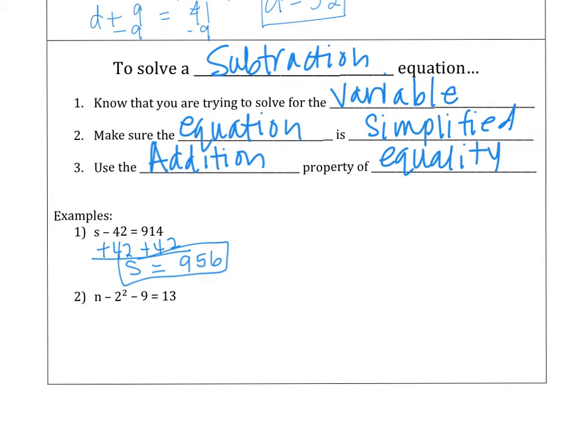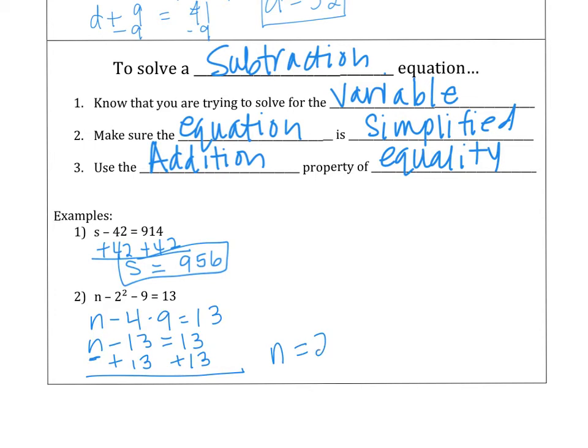So this is going to be n minus 4 minus 9 equals 13, which is n minus 13 equals 13. In order to get n by itself, which is what we want, we have to add 13 to both sides. And that's going to give us n equals 26.